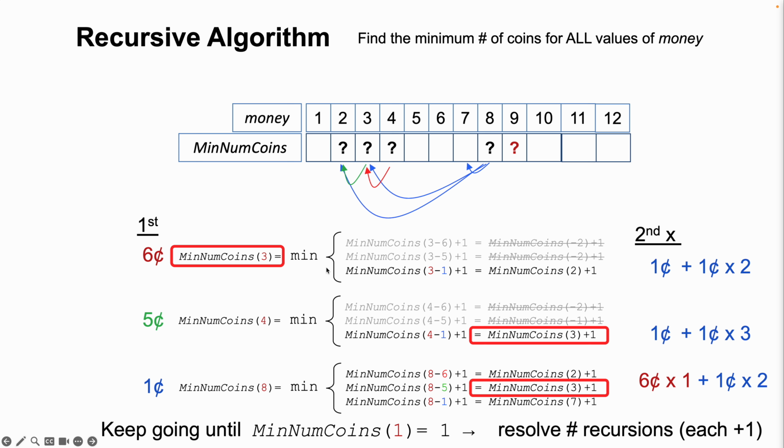The reason I've highlighted min coins 3 here is just to draw your attention to the fact that we've had to recompute the same min coins function 3 times already in 2 levels. And so this algorithm is guaranteed to give you the optimal change.